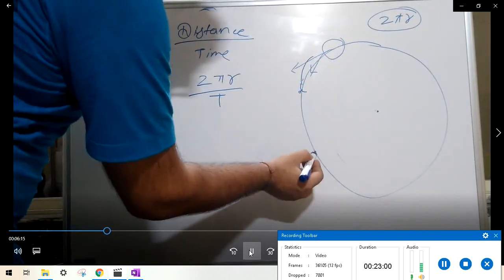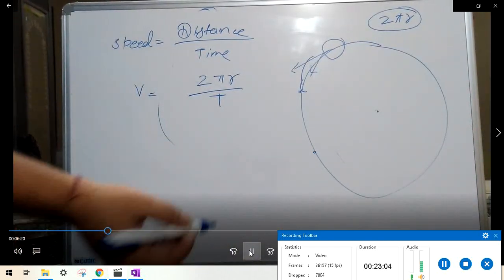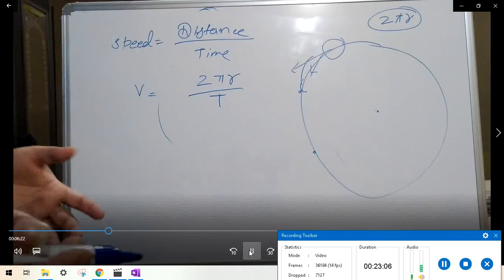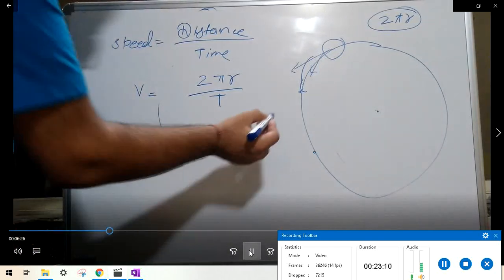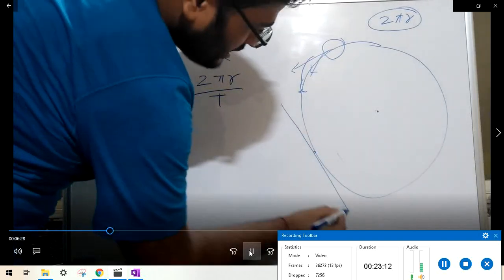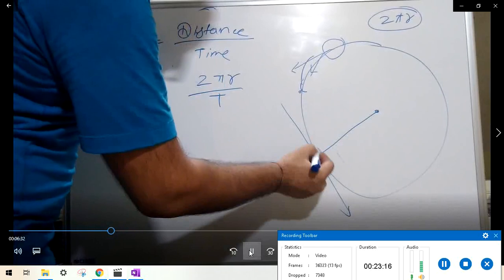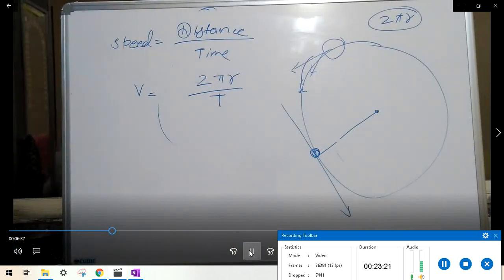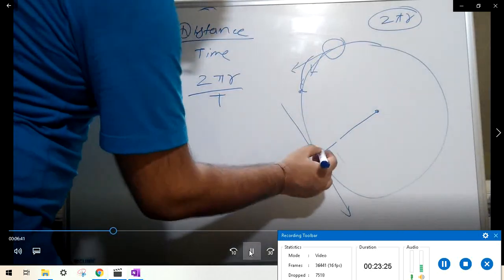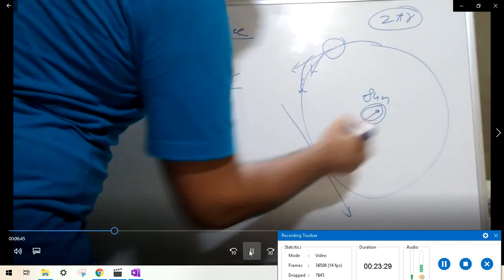Let's talk about this point. We can find out the tangential velocity. Velocity is nothing but speed, but we are also taking the direction. At this point, if I draw a tangent, this will be my tangent. If I have a string with a stone connected here and I cut the string at this place, the stone will travel directly along the tangent. So if I take these two planets, let's say this is the Sun and this is Mercury.